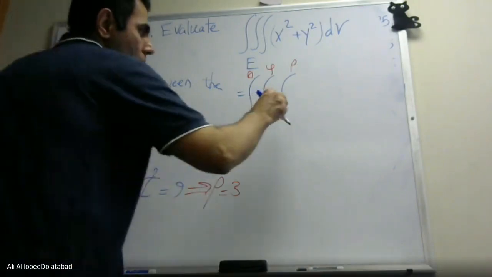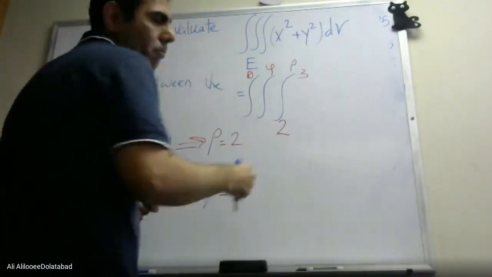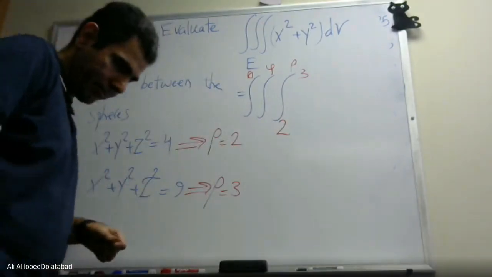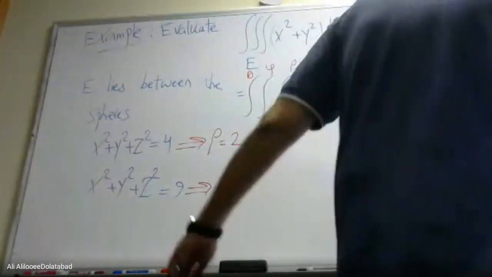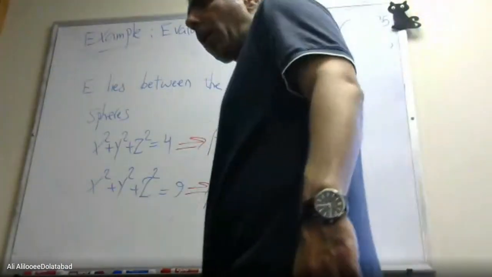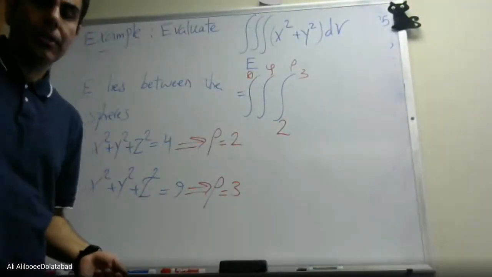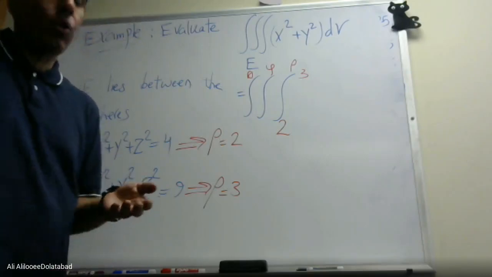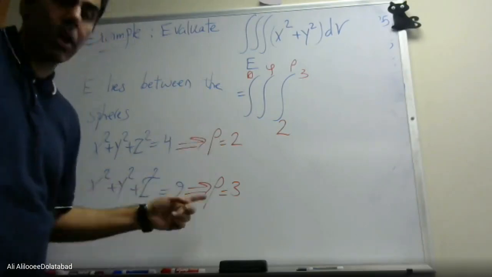Then the bound on rho is 2, 3. Very easy. What about the bound on phi? Let me recall, what was the range of phi? Phi is between 0 and pi. Here we have no restriction on phi. The only restriction that we have is on rho.